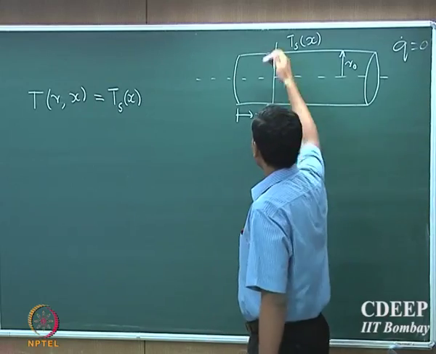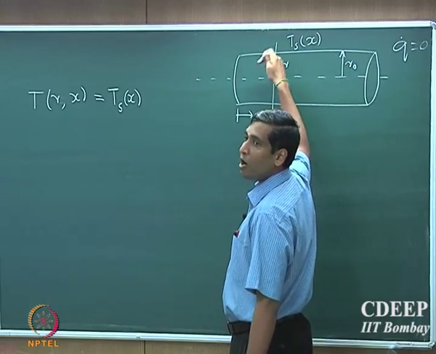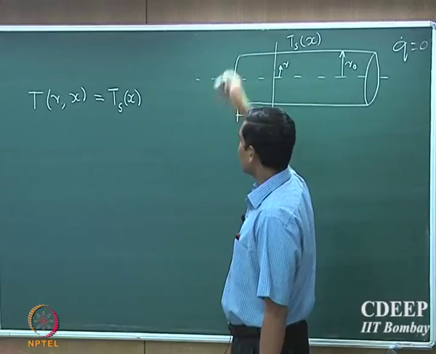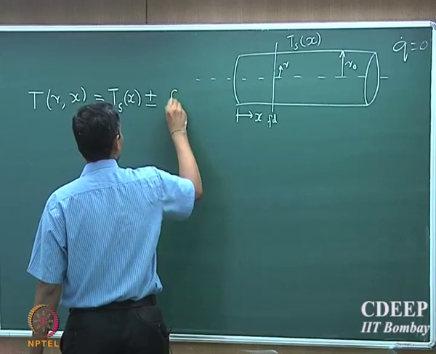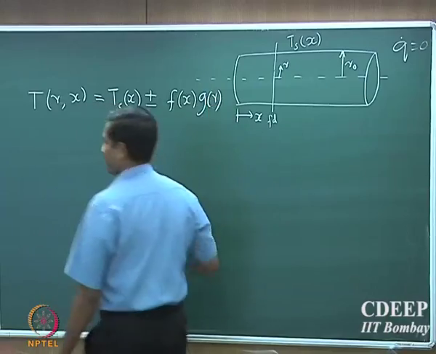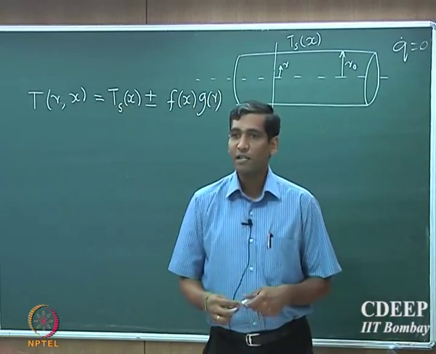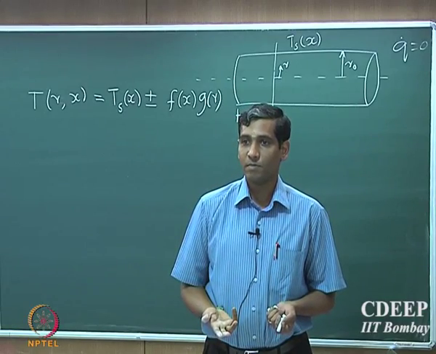So, if we assume that there is heat that is being supplied from the external region to the fluid or from fluid to the surface, so the general solution will be Ts plus or minus some function of x and some function of the radius, right. So, that is the general form of the temperature distribution, right.